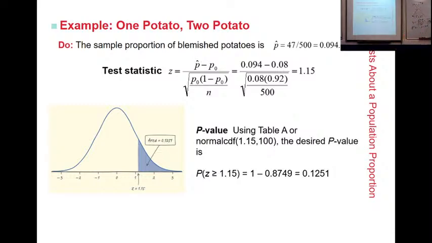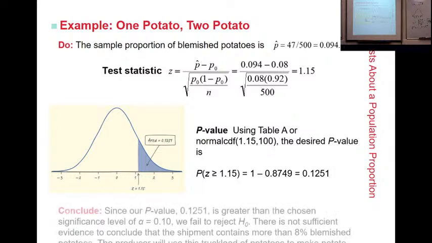That means we are going to fail to reject, which means that there is not enough evidence to conclude my alternative. What was my alternative again? More than 0.08 of the potatoes have blemishes.